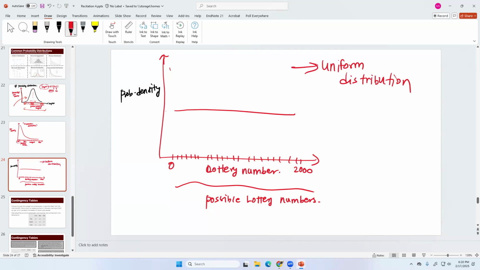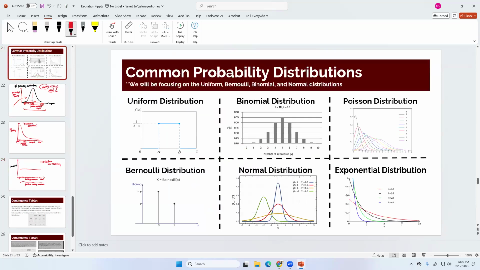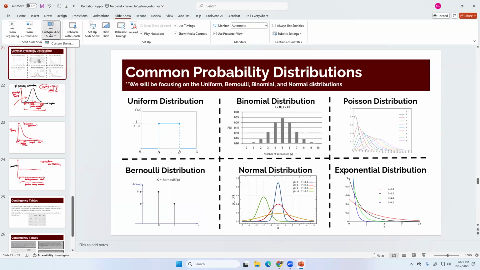Okay, so you guys get the idea, right? What a distribution does is it just tells you what shape your data assumes, right? So if it's a normal distribution, if it's exponential, there are a bunch of distributions that we need to consider.